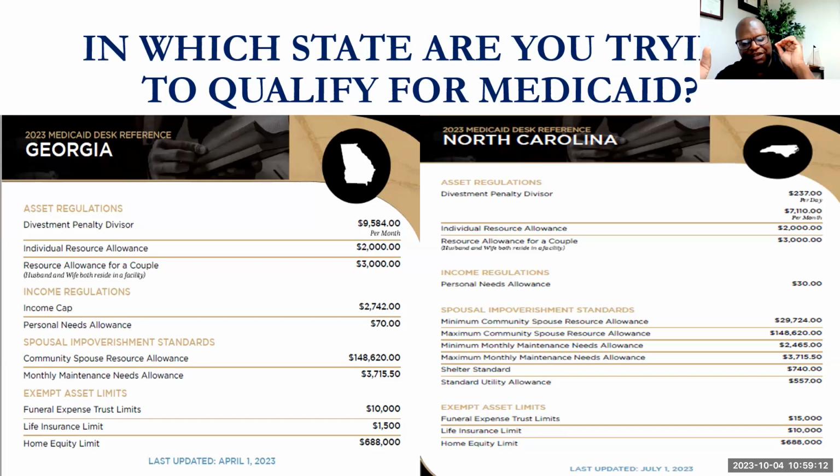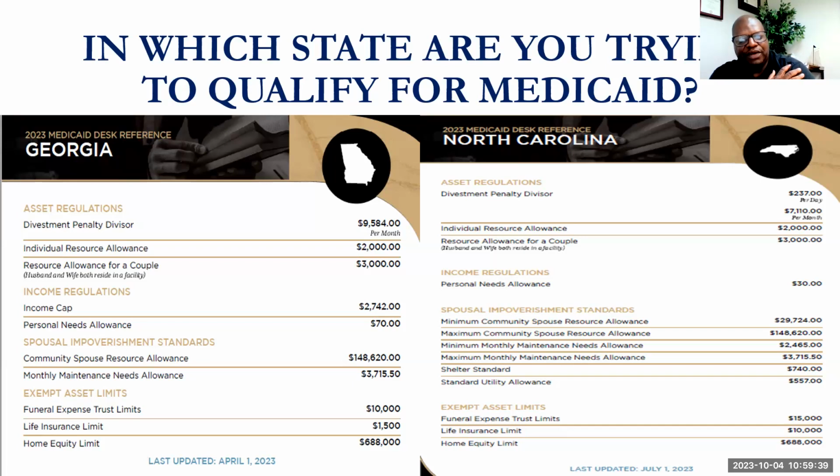Georgia automatically gives the community spouse all $148 as an option. What North Carolina does is what's called a 50-50 state. So in this situation, if someone had, for example, $150,000 extra assets above the house and the car, in the state of Georgia, they would get, actually, let me say 155.